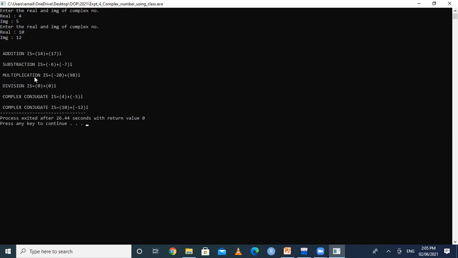For multiplication, different logic is used, and you get the output minus 20 plus 98i. Here division is not possible using these numbers, so the output is 0 plus 0i. For the complex conjugate, it is 4 minus 5i. That means the number is 4 plus 5i, and the complex conjugate is 4 minus 5i. For 10 plus 12i, it is 10 minus 12i.